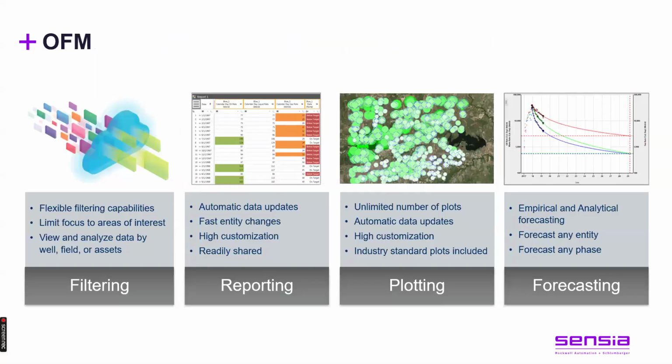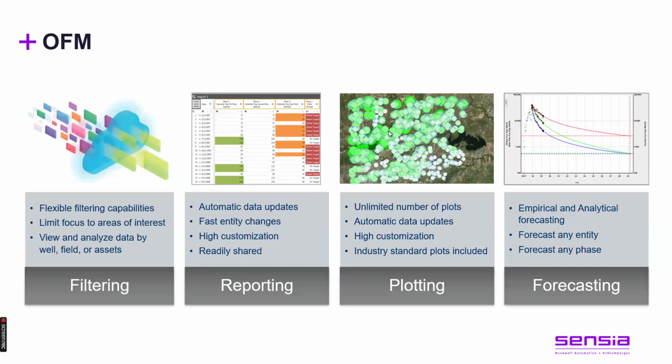OFM is a software that can visualize: you can collect the data, map it, integrate it, and QC it. And then you can filter, you can create categories, you can create layers, you can also create very smart reports.